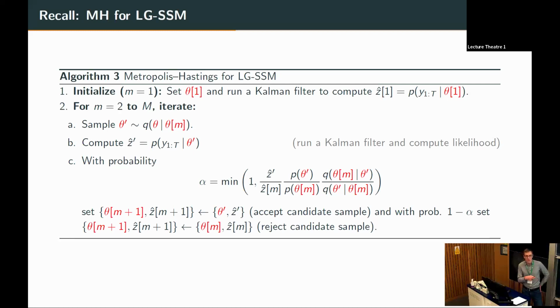If I accept this particular draw theta dash, then I both set the next state of the chain according to the proposed theta dash, and I also store the value for the likelihood. Whereas if I reject this proposed sample, then I copy the previous value of the chain, and I also copy the previous likelihood value.